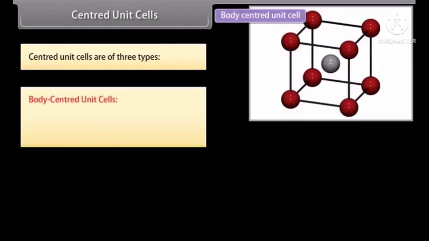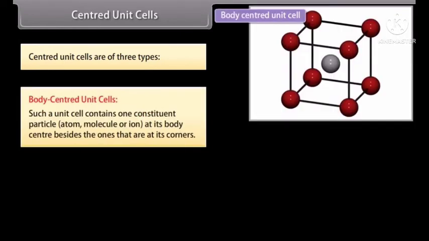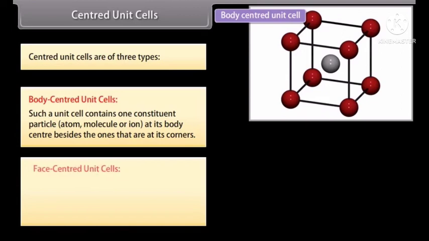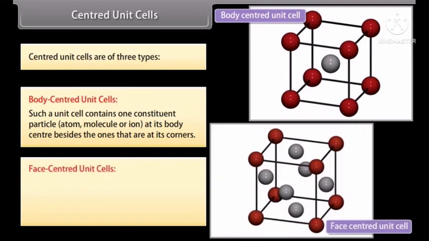Centered unit cells are of 3 types. 1. Body-centered unit cells. Such a unit cell contains 1 constituent particle (atom, molecule, or ion) at its body center besides the ones that are at its corners. 2. Face-centered unit cells.